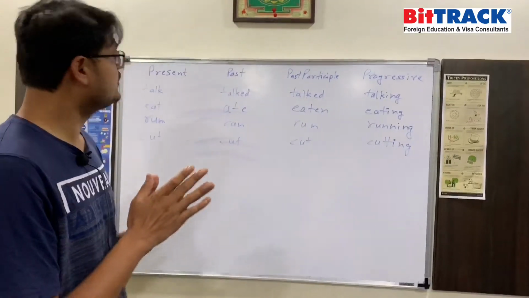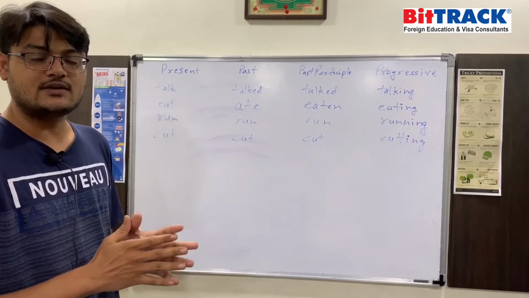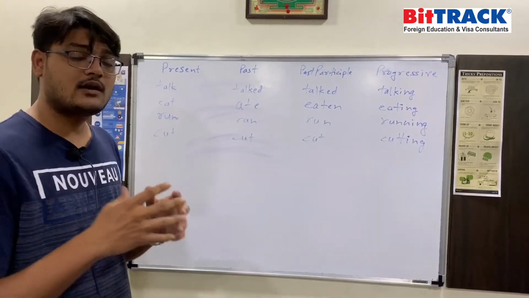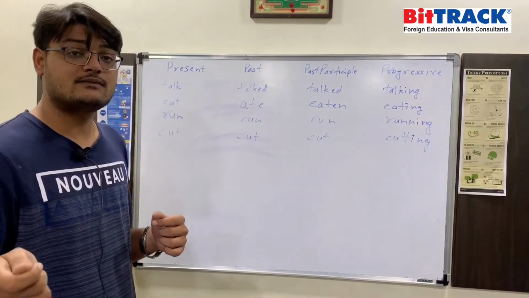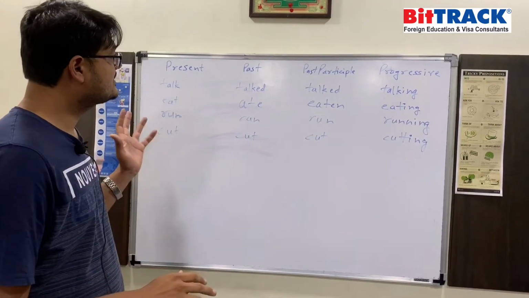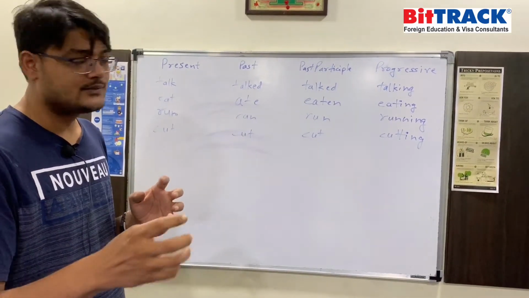Now let's look at this chart. These are just 4 verbs that I've written here. Obviously there are a lot more verbs, and you can get lists of verb forms, especially irregular verb forms, very easily on the internet. But there are just certain types of changes in verbs that I wanted to cover.